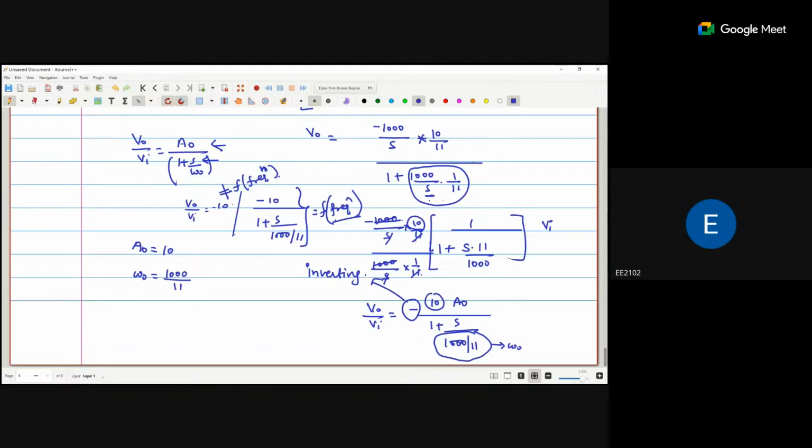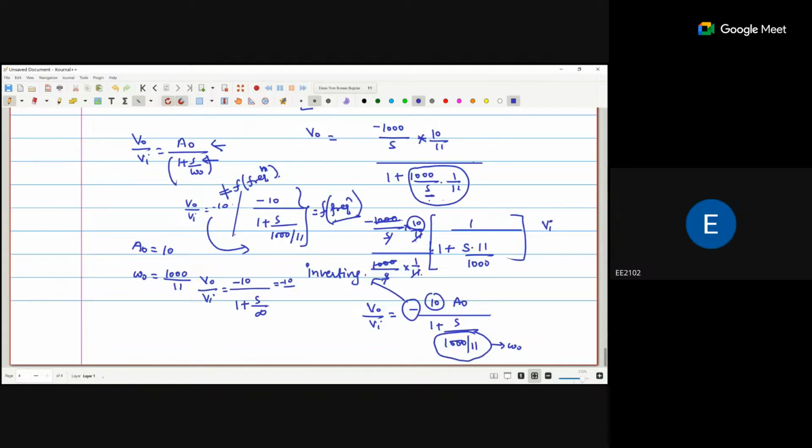Or if I relate this one to the ideal case, I can write V naught upon Vi is equal to minus 10 upon 1 plus S upon infinity, because S upon infinity is 0. And 1 plus 0 becomes 1, so it is equal to minus 10.